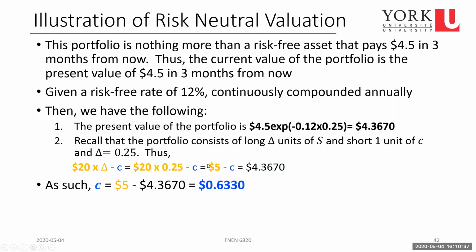So you are long delta units of stock, which is traded at $20, and you have shorted 1 unit of C. So you are long $5 worth of stock and minus C. That particular portfolio is worth $4.367, which means that asset C is worth $0.633.